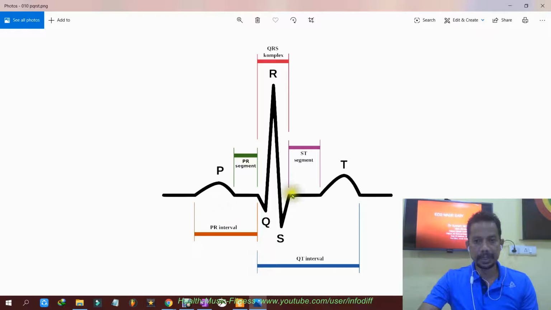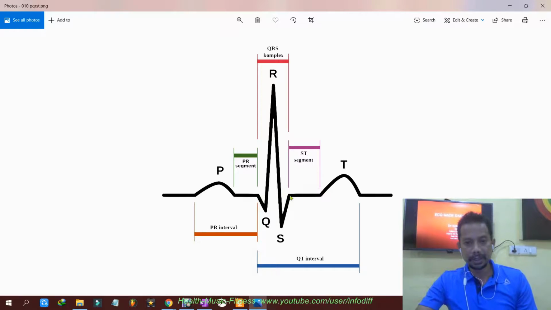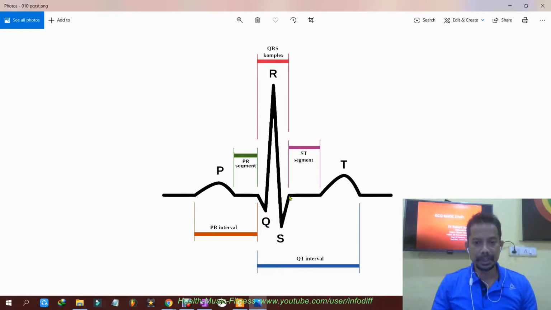Then there is this ST segment. In a normal ECG, there is a clear-cut demarcation where the S wave ends and where the T wave begins. This is the ST segment. This is very important, and sometimes in subtle MIs, if you just look at the ECG like that, you will not see any glaringly positive sign suggestive of MI.